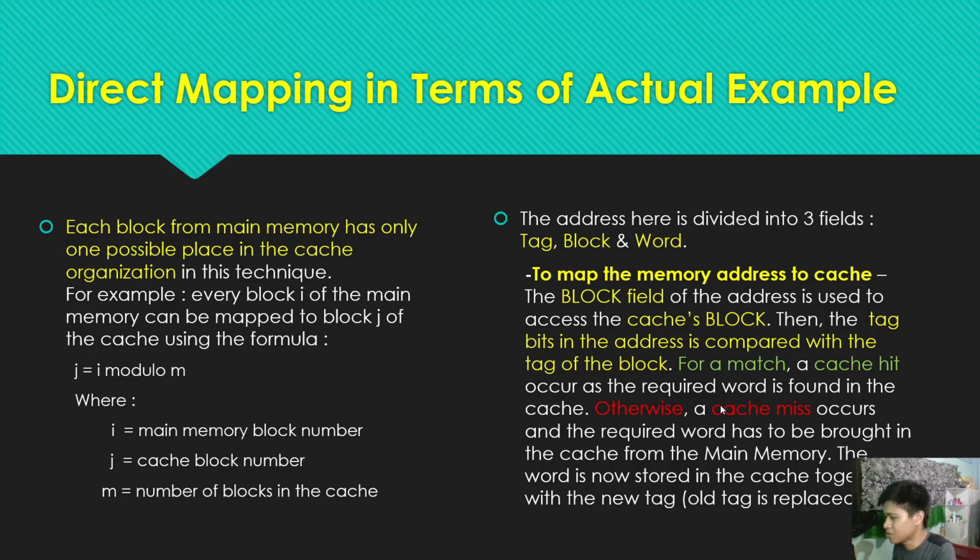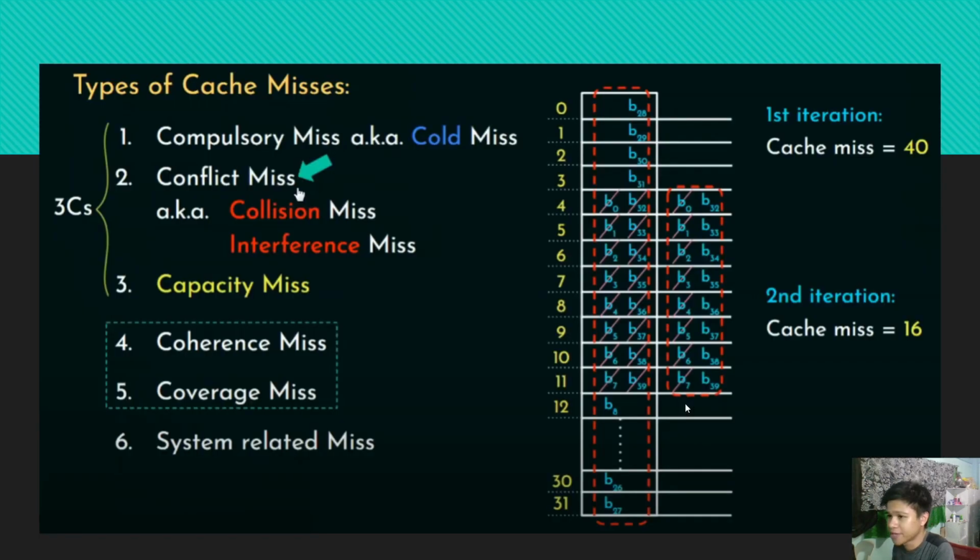Later on we'll discuss more about this problem, but right now I'm telling you guys that the main problem of direct mapping is this cache miss. So it has this issue of conflict, or sometimes we call it thrashing. Okay, so that is the main problem of direct mapping.